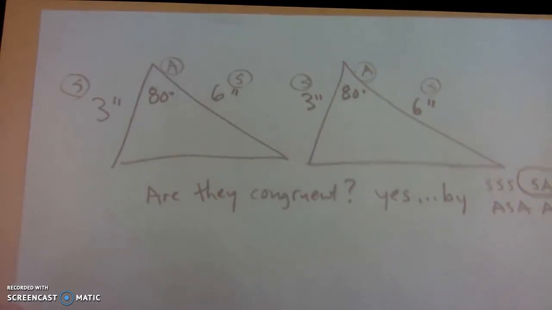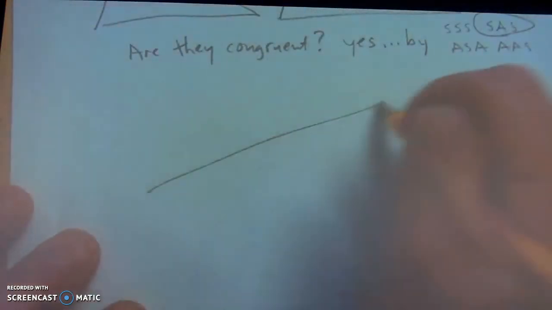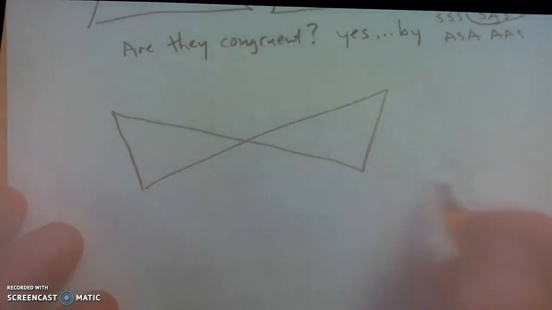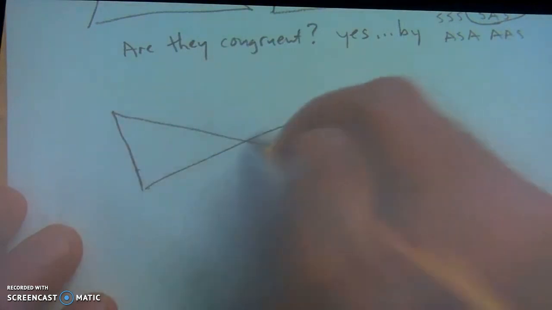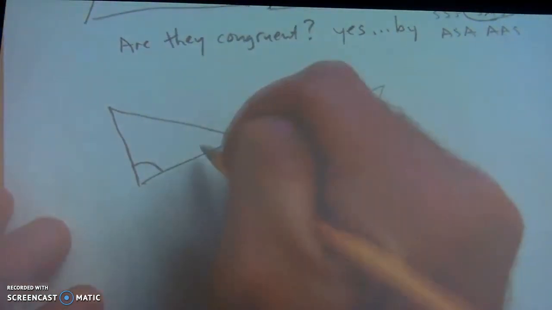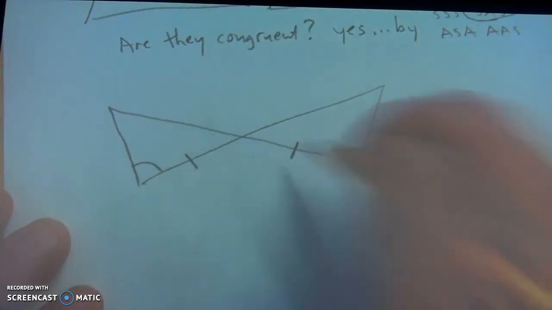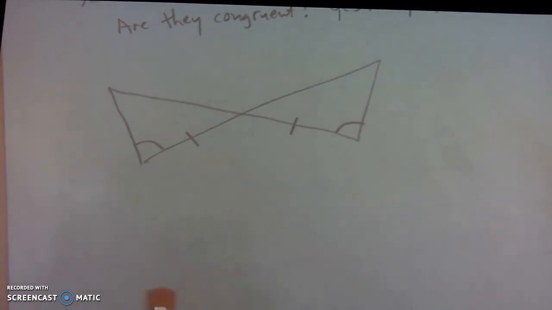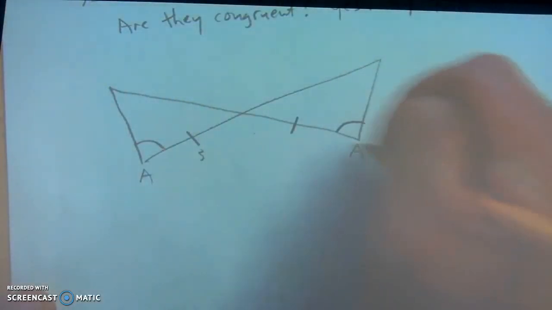One other one, guys, that you might run into is something like this, where they're kind of butted up together somewhat. So maybe you see something like this, and then maybe you see something like this. It says, okay, are they congruent? And then which postulate? So looking at this, you've got an angle and a side, and then an angle and a side.